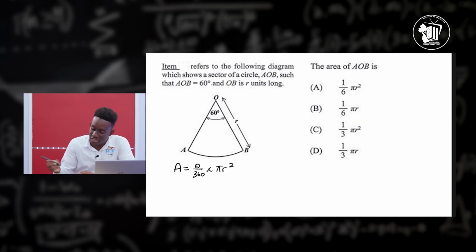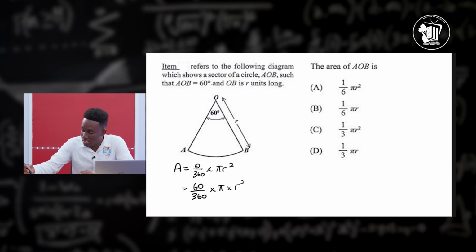So we just put in the things that we know. Theta in this case would be 60 over 360 multiplied by pi multiplied by r squared, since it told us the radius is r units long. Nothing really changed, just the 60.